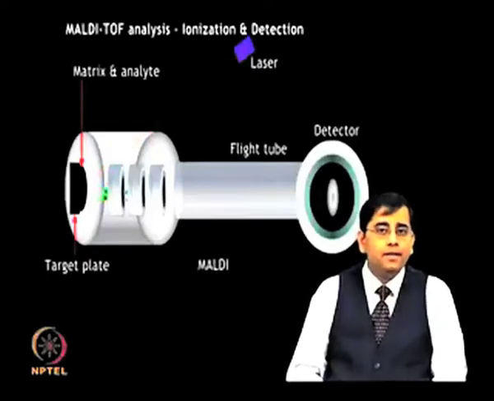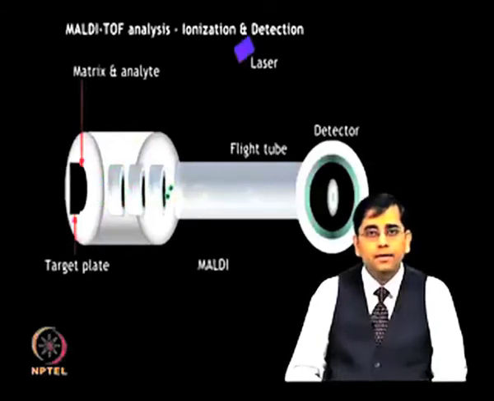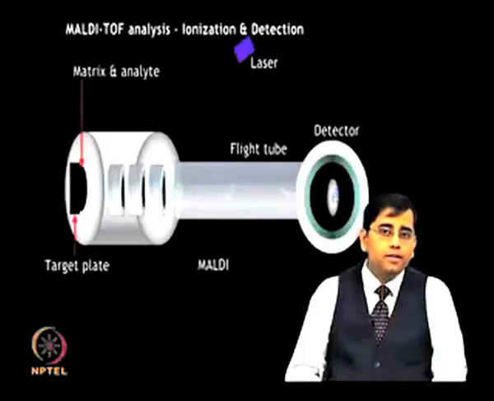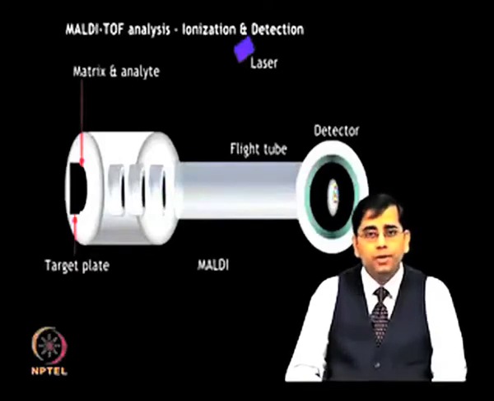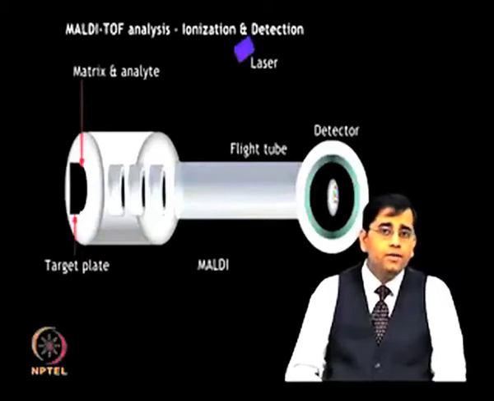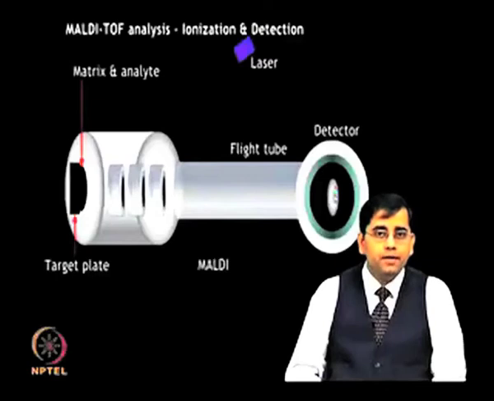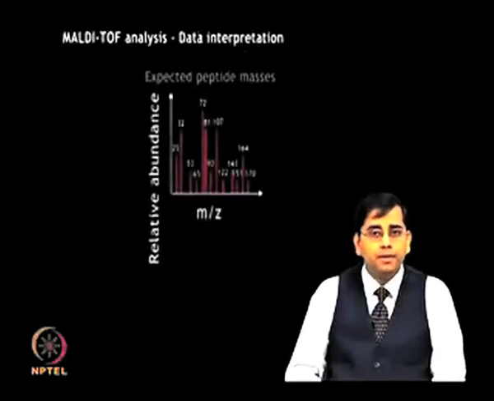These ions are accelerated and travel through the flight tube at different rates. The lighter ions move rapidly and reach the detector first, while the heavier ions migrate slowly. The ions are resolved and detected on the basis of their m/z ratio, and a mass spectrum is generated.